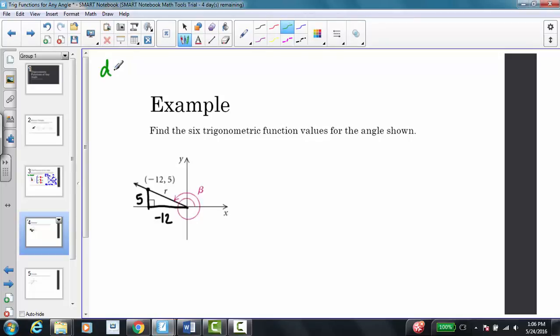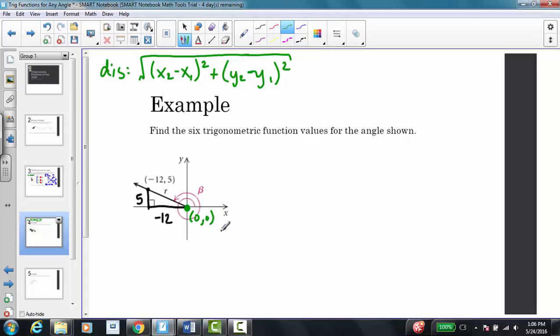If you remember, the distance formula is the square root of (x2 minus x1) squared plus (y2 minus y1) squared. Here our x1 and y1 are the origin, which is at 0, 0. So if I plug in a 0 for x1 and a 0 for y1, those terms go away, and I'm left with just the square root of x squared plus y squared.